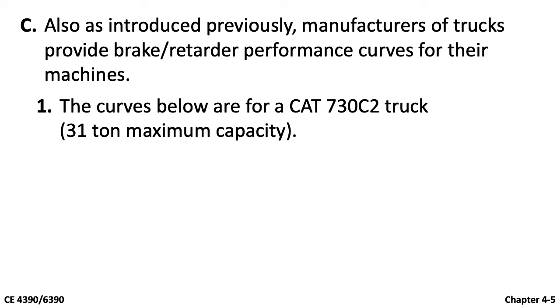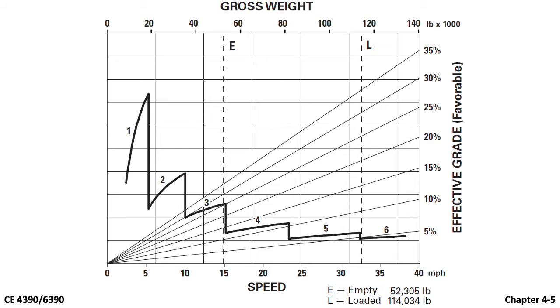So like what you have learned for other machines, we also use retarder performance curves when the machine goes downhill with a negative total resistance. So this chart shows an example of retarder curves for trucks. To find the maximum speed, you can follow exactly the same procedure for performance curves.